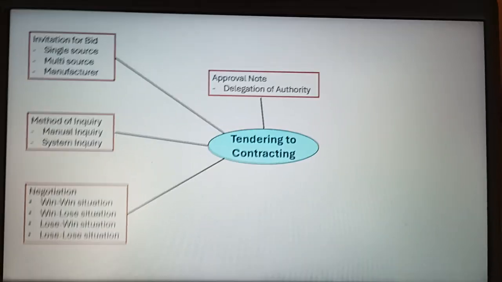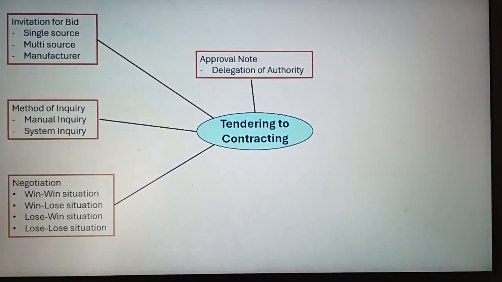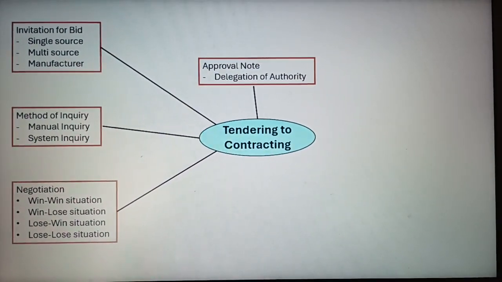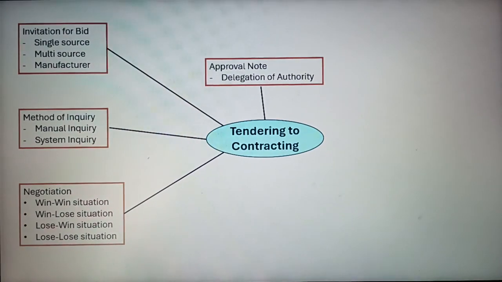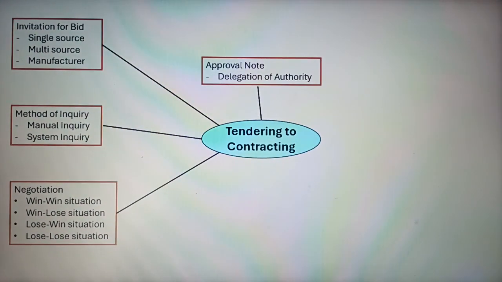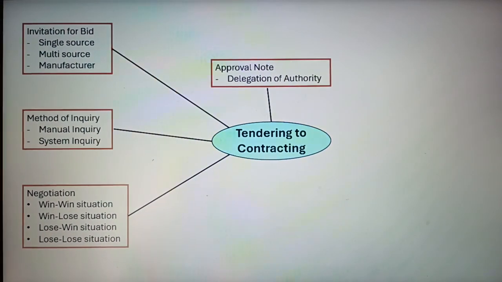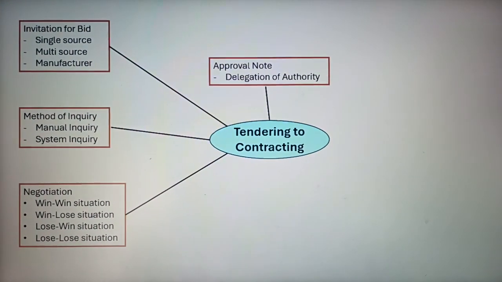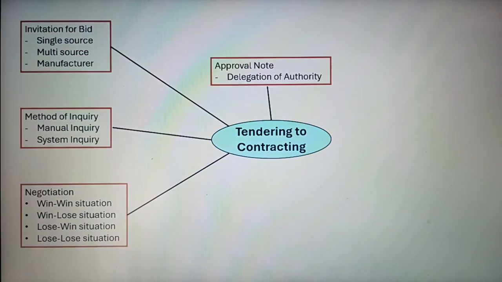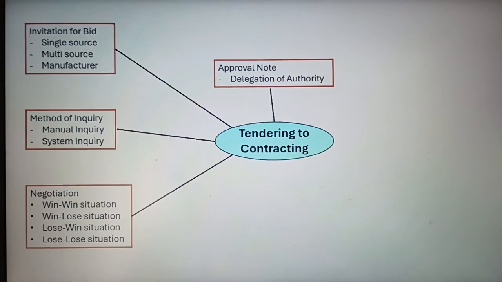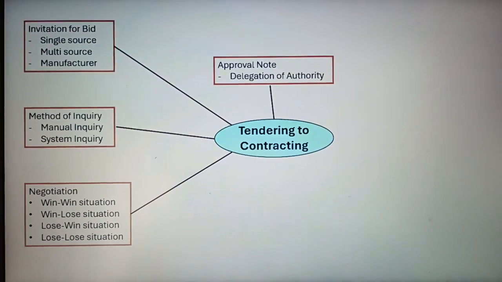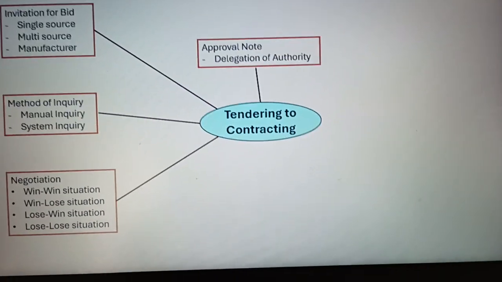Once organizational negotiation is completed, it is not necessary to have only one negotiation meeting with the contractor or bidder. Multiple meetings can be held. Suppose the first meeting is at the executive level, the second is at the assistant management level, the third is at the GM or VP level, and the fourth is at the director level.